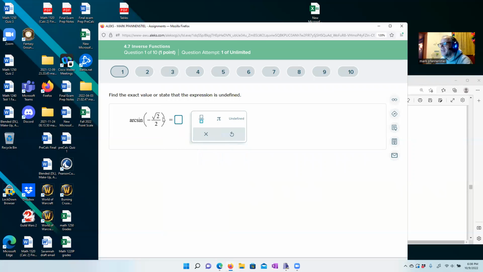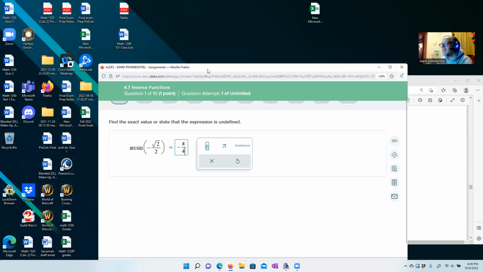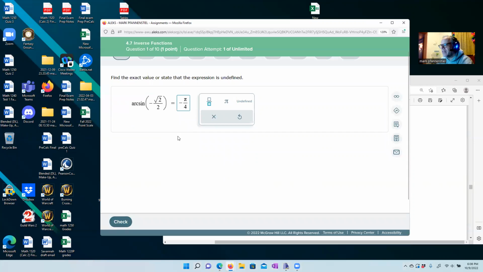What did they want this in? Exact value. Okay, fine. They want negative pi over 4. Generally, they're going to want radians, but I'm tempted to check to see if negative 45 will work out. Let's try that as an experiment.